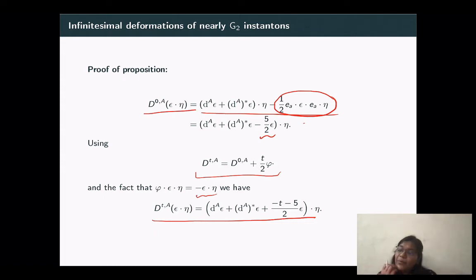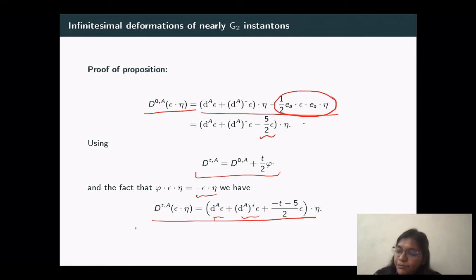Now if you look at these, if epsilon is an infinitesimal deformation, then we know that these two terms will vanish, because d_A^* epsilon is 0 and d_A epsilon dot eta is 0, and thus we get the eigenvalue condition.